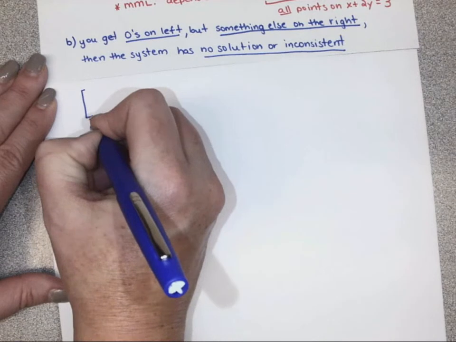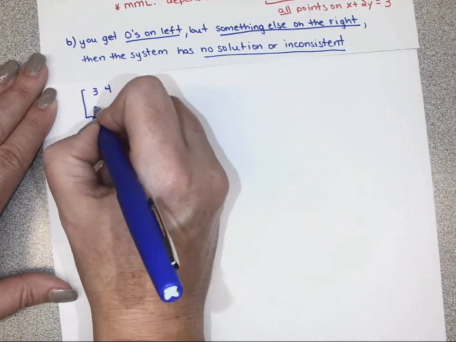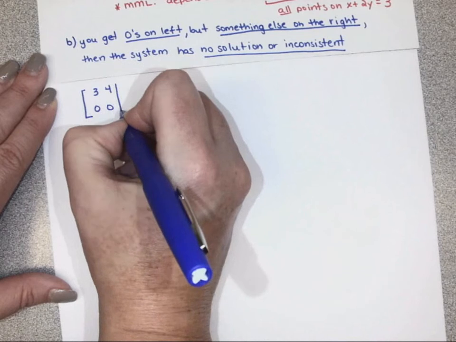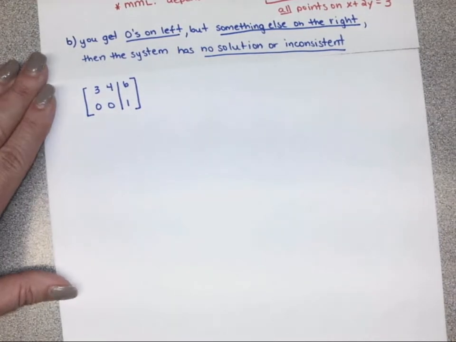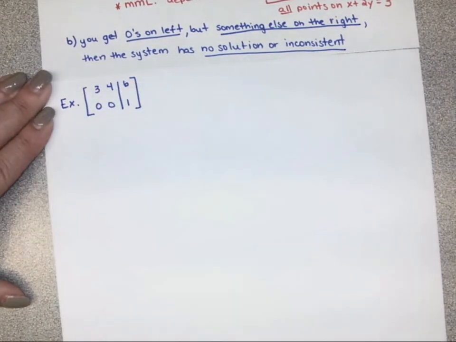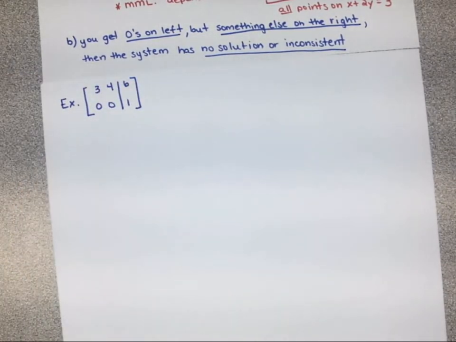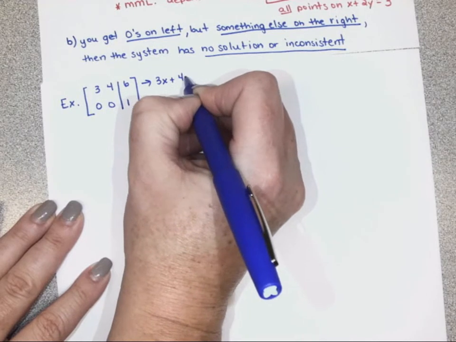So let's look at what that would look like. If you had 3, 4, 0, 0, and then 6, 1. Notice it's not like the previous example, right? Notice that the second row has zeros on the left, but something else on the right. The first row would be fine: 3x plus 4y equals 6.